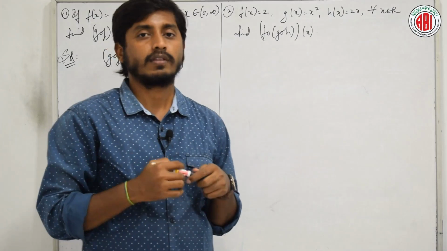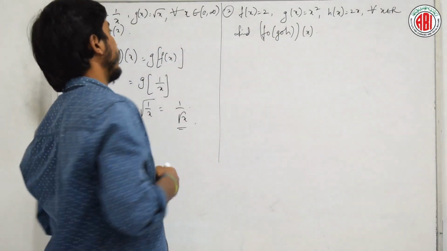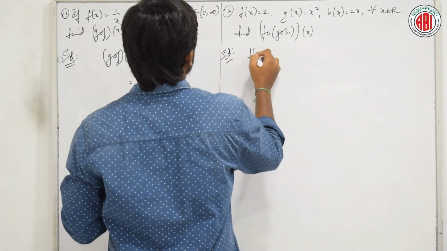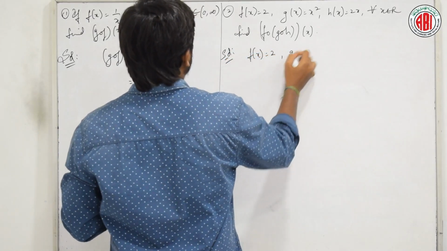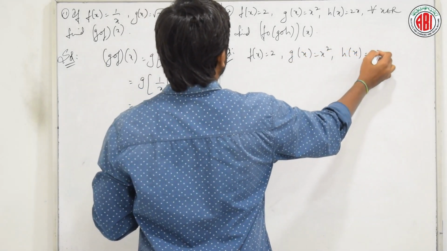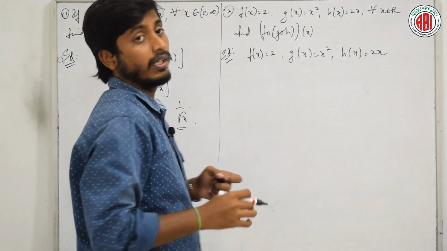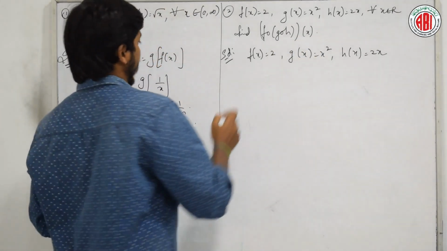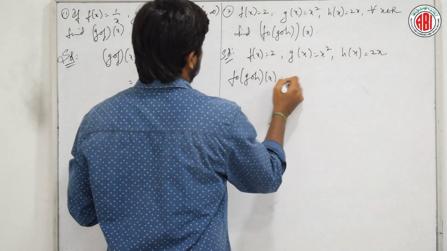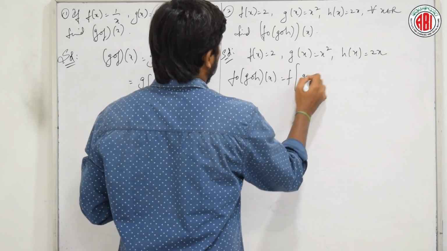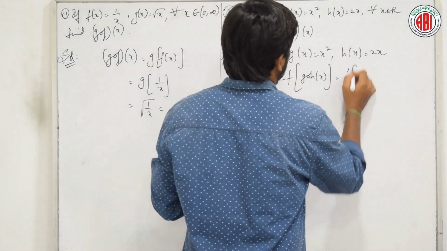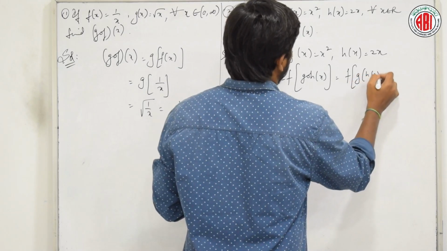Let's do. Now see here. The next question he gave: f of x is equal to 2, g of x is equal to x square, h of x is equal to 2x. So, f circle g circle h of x. That is nothing but f of g of h of x.